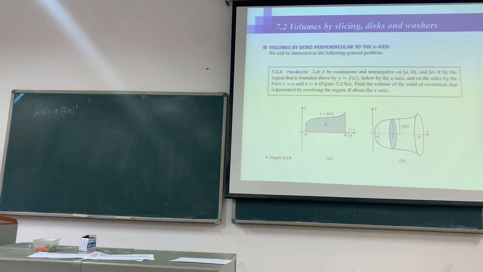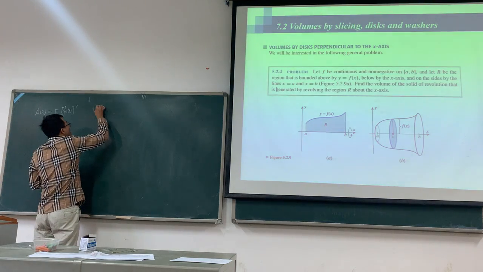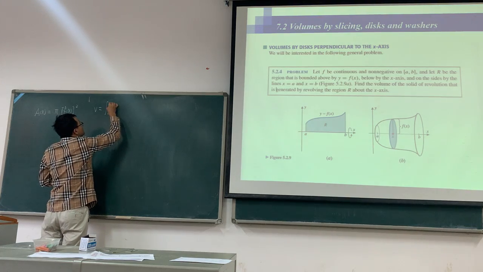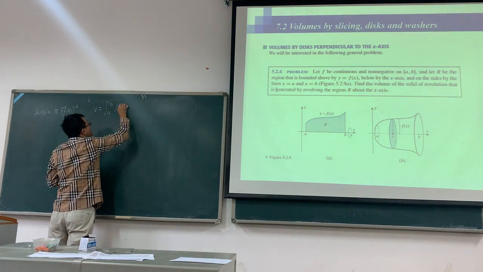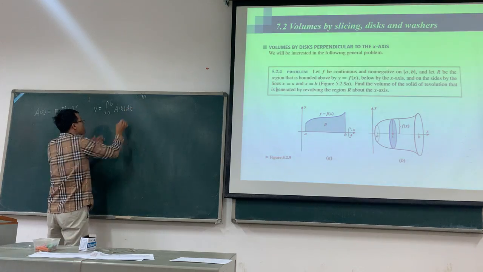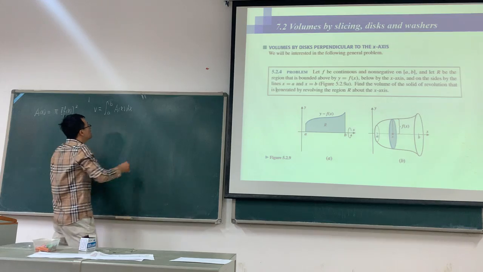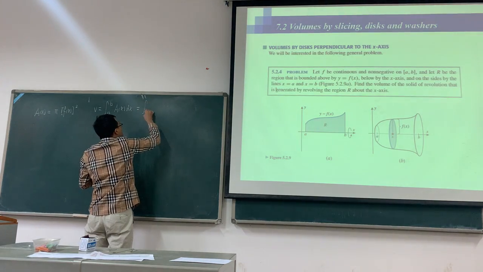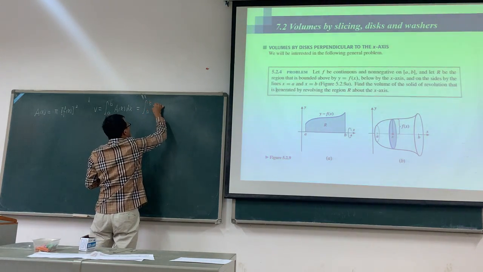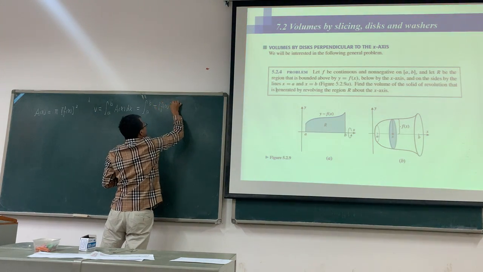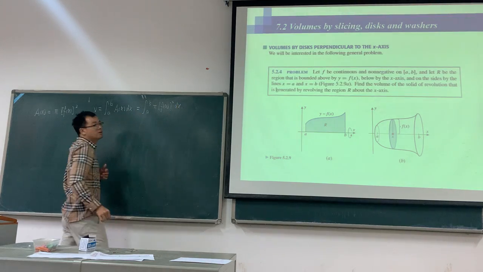So from here, we know the volume V equals the definite integral of A(x) from a to b. With A(x) equal to pi f(x) squared, V equals the definite integral of pi f(x) squared dx from a to b.